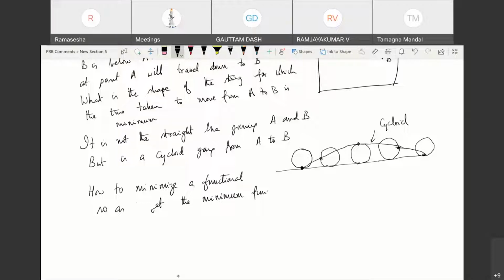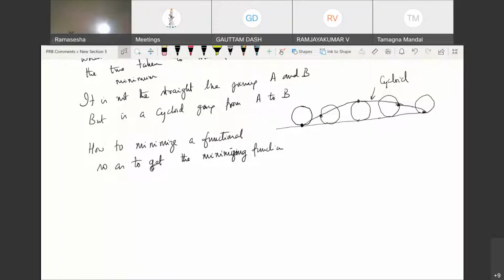How to do that? It's important because if you look at physics, Newton's laws of motion are actually formulated in terms of the least action principle.